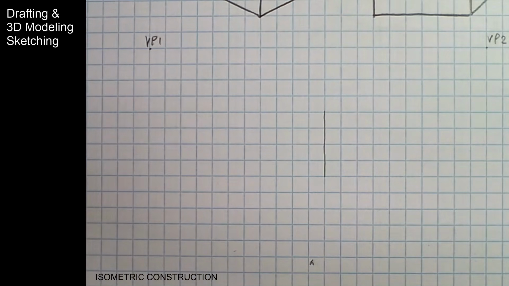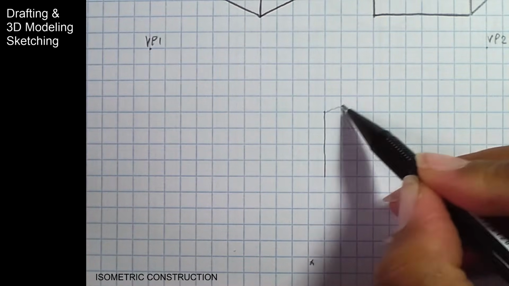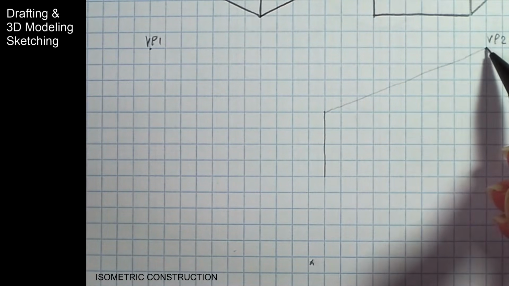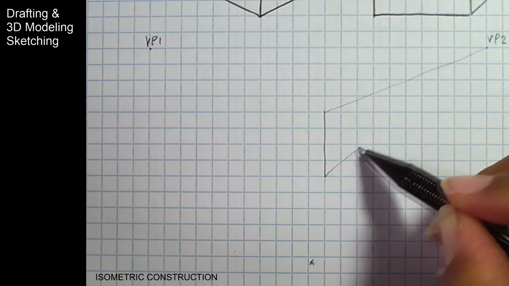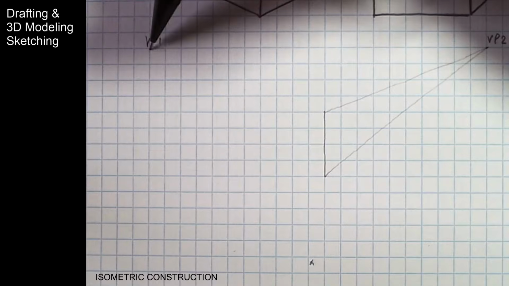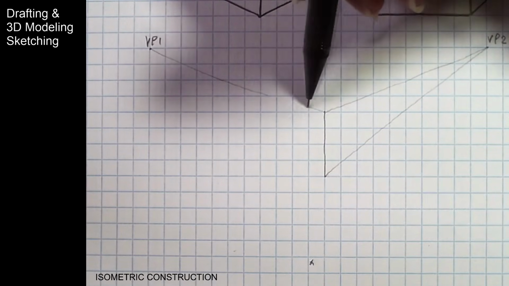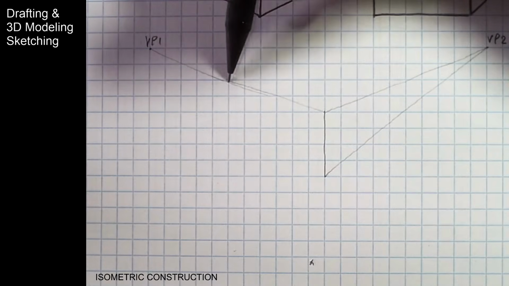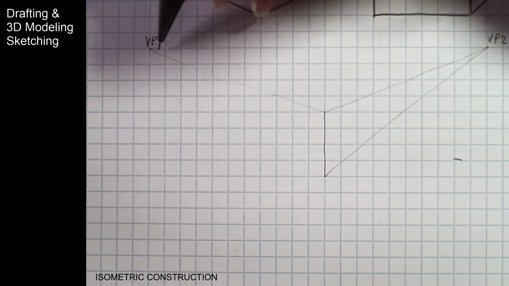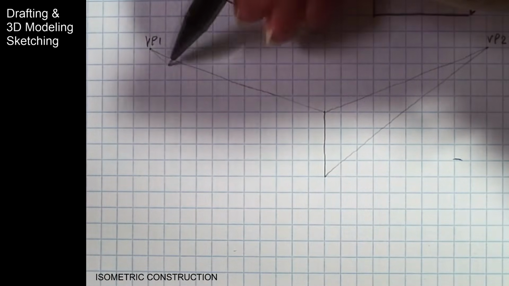We'll connect these vanishing points to our point on the height of our line. So we go one up, come this way, up, right? And we'll connect it at the base again.